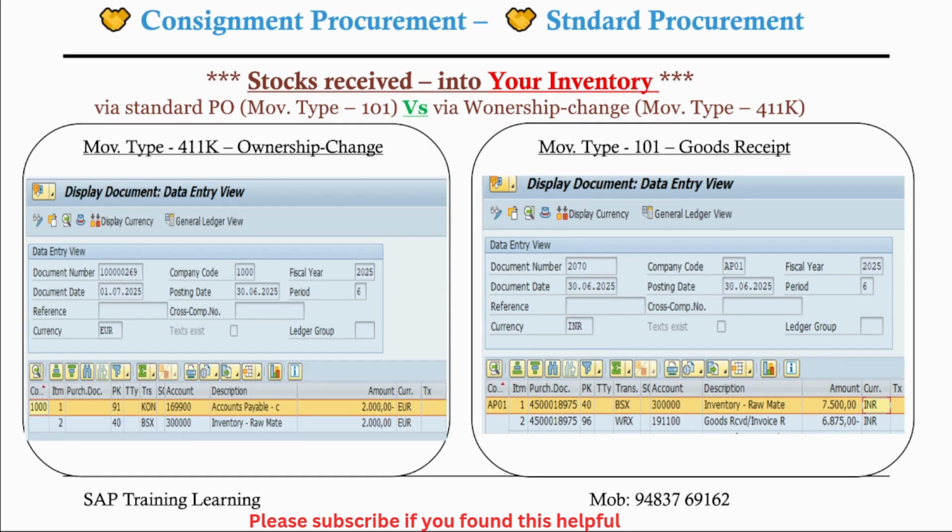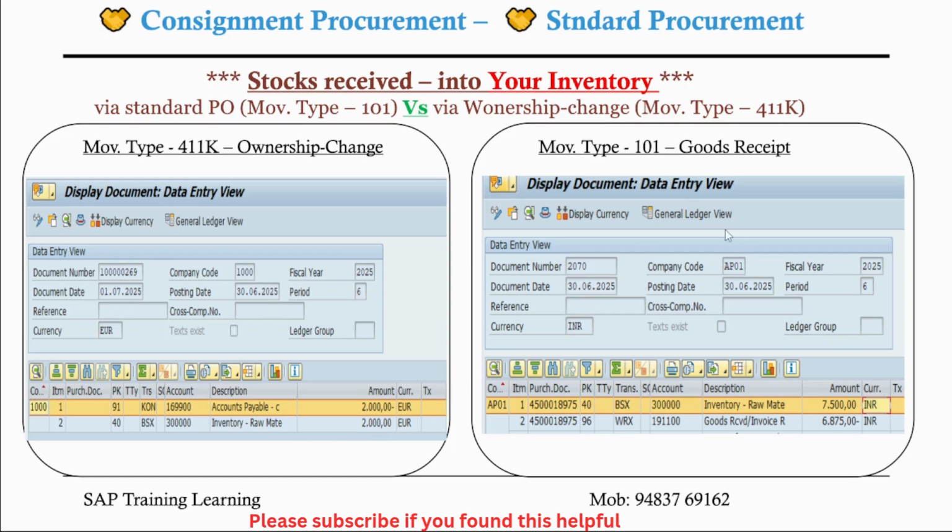But the accounting document will be created when this consignment stock becomes my stock, when I have done movement type 411K through transfer posting. Here the ownership change is happening. This time the consignment KON account gets credited, and the BSX account, where your inventory is increasing, gets debited.